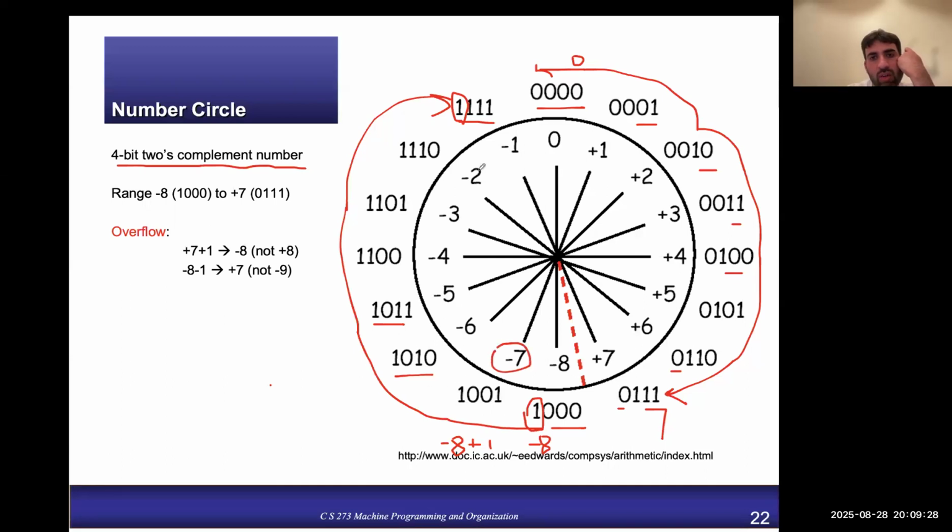When you keep doing this conversion, you will reach here. So for a 4-bit 2's complement number, or 4-bit signed number, the range will be from minus 8 on the downside to plus 7 on the upside. The upper limit is plus 7 and the lower limit is minus 8. Okay. Any questions?